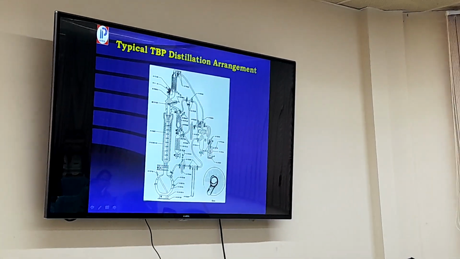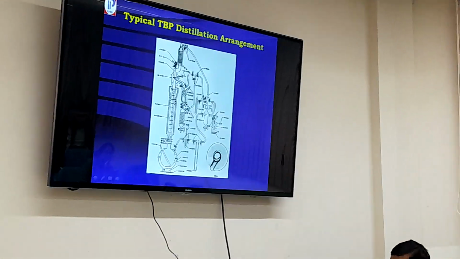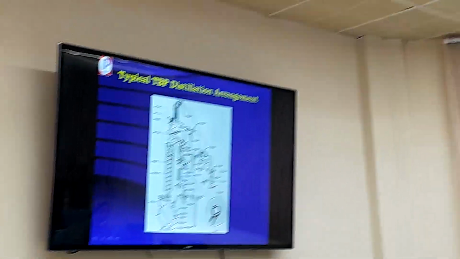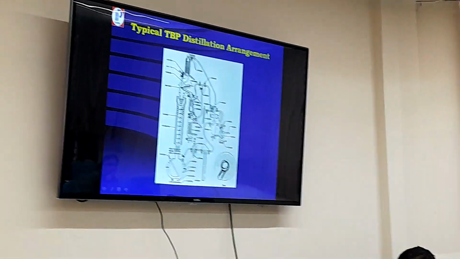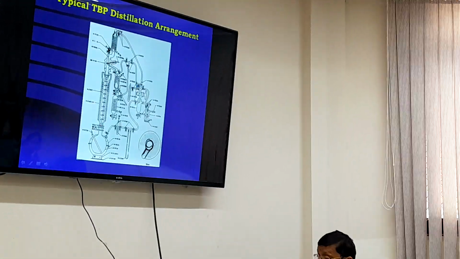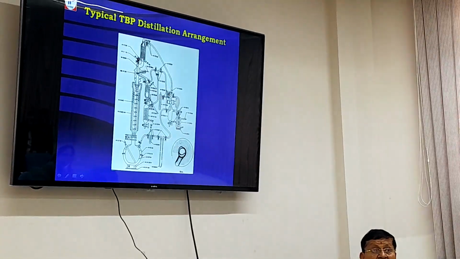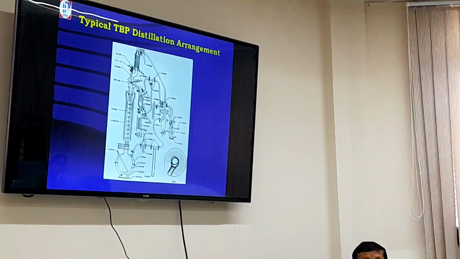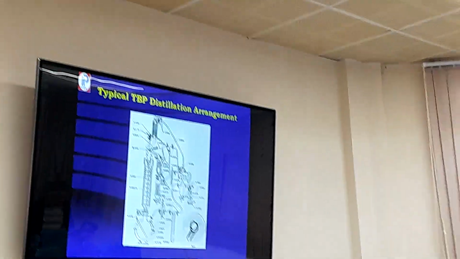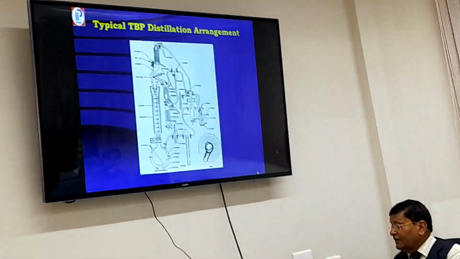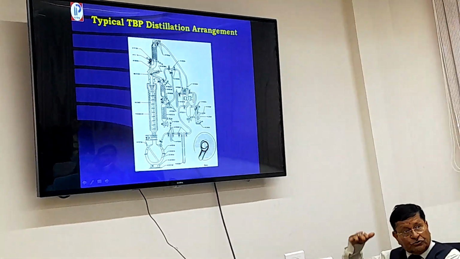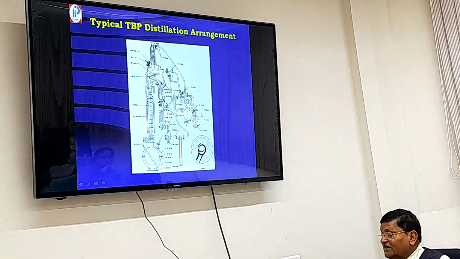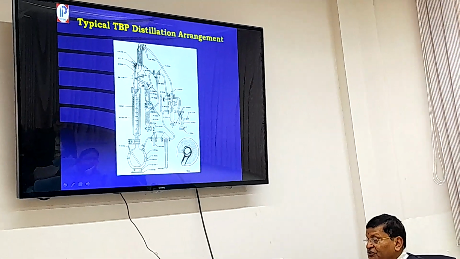So what happens after condensation? Liquid collects over here, and then the liquid comes in contact with the vapors coming upward, and then the higher boiling component goes back down through this drain to the lower side, and these are the 30 actual plates.